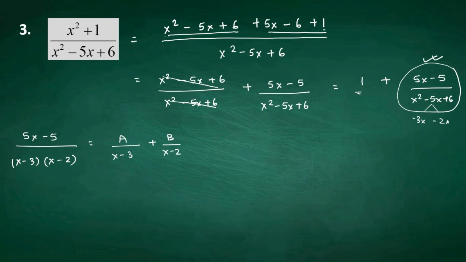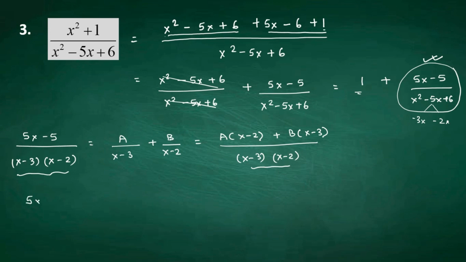And if you simplify it, you can say you obtained a times x minus 2 plus b times x minus 3 whole divided by x minus 3 times x minus 2. Now the denominators are same. You can compare the numerators easily.